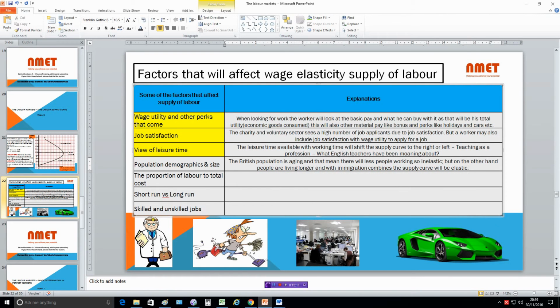The proportion of labor to total cost. Again, we were talking about this earlier, isn't it? How much labor are we using within the manufacturing or production process itself?